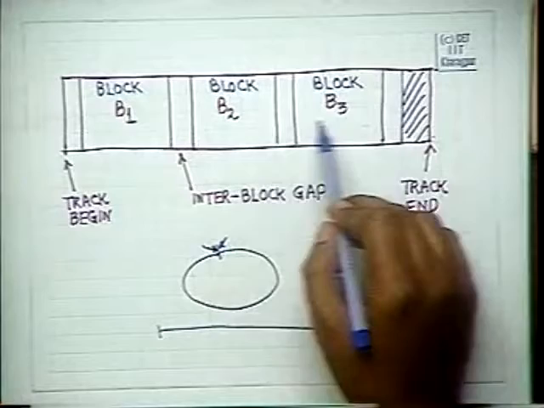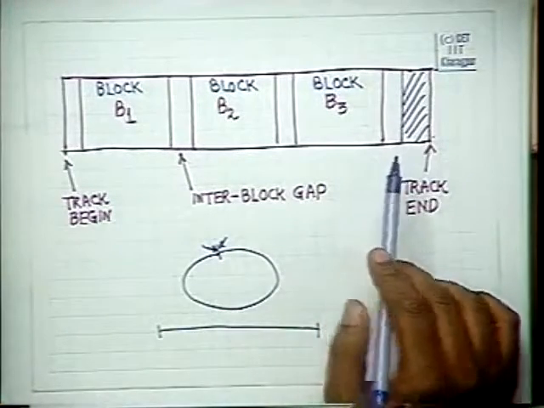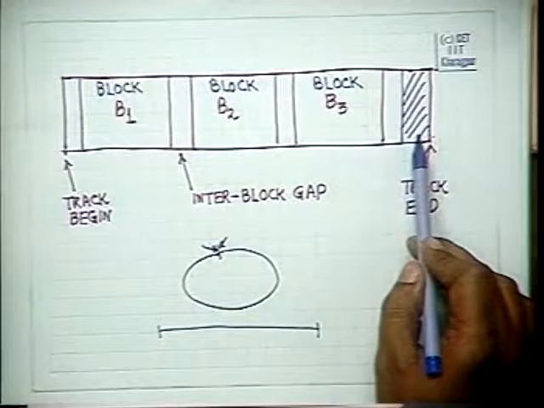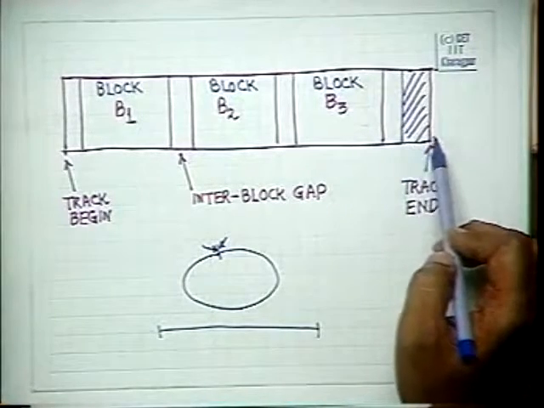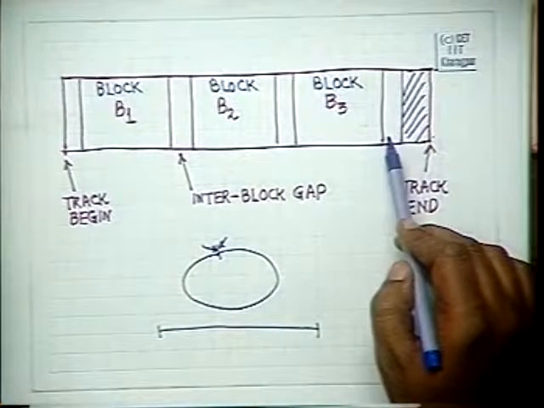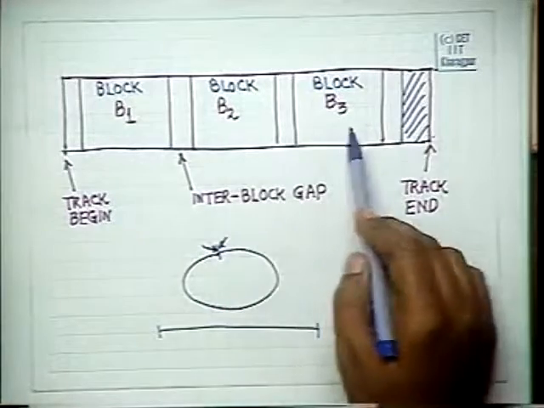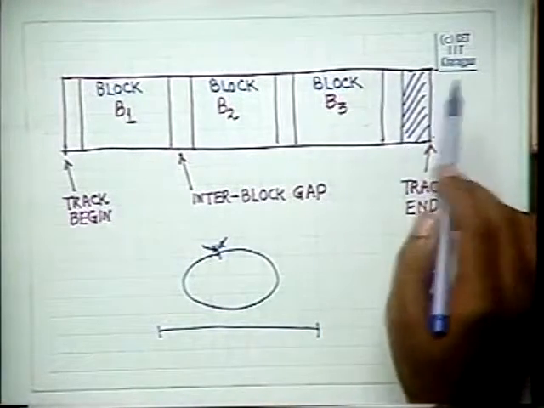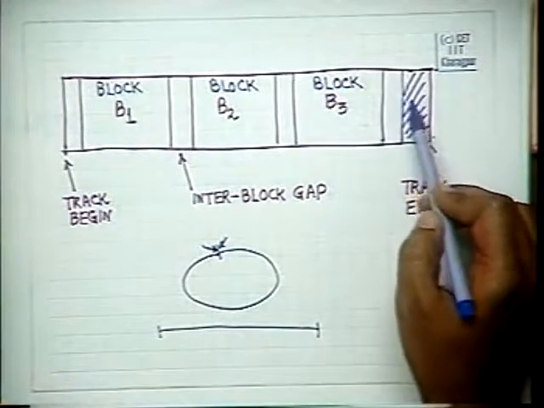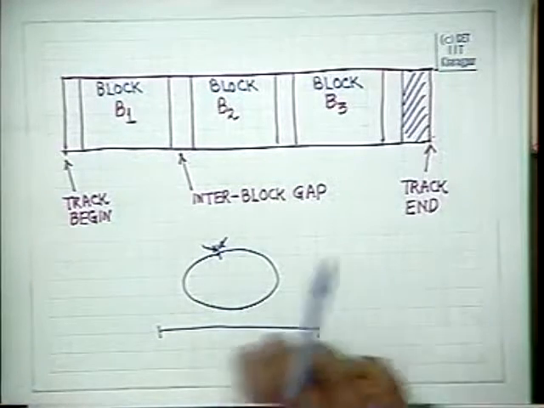It depends on the integral number of blocks that you have on the track size and the block size. There may be a loss of space or storage because of the inter-block gap, which is necessary, but if the unit of a block and that of a track differ, then there may be a reasonable amount of wastage. So this is some wastage which has to be accepted.